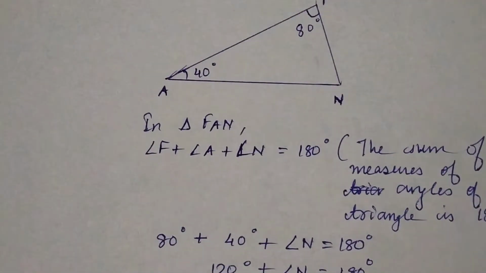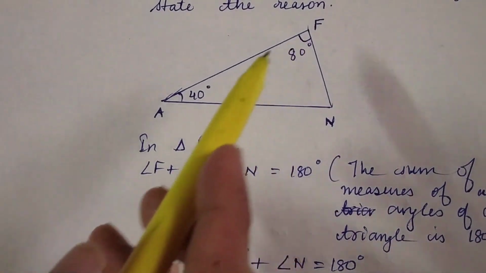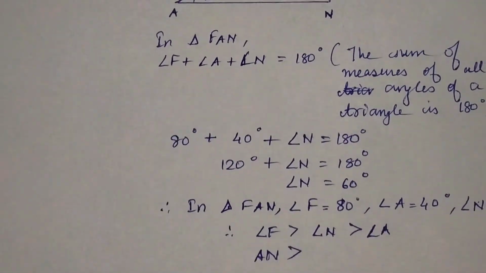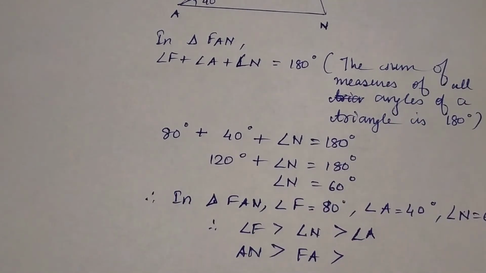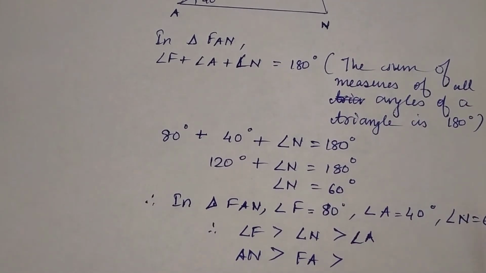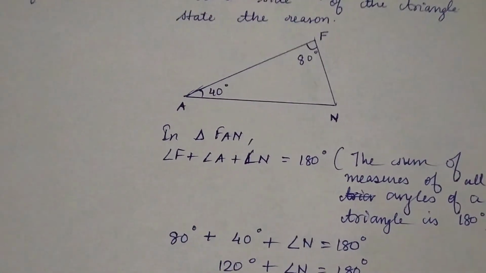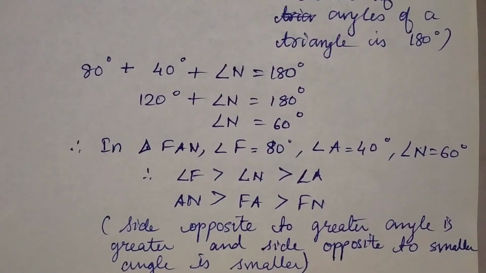For angle N, we have FA as the opposite side. Now for angle A, the side opposite to angle A is FN.